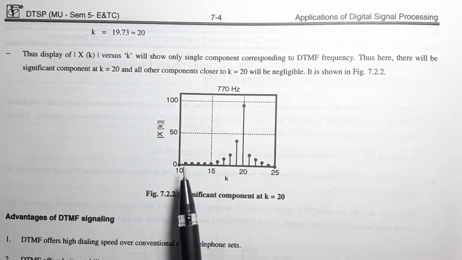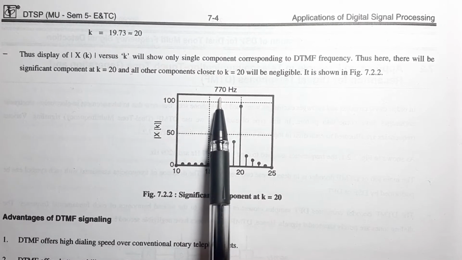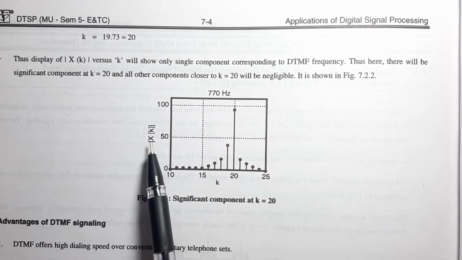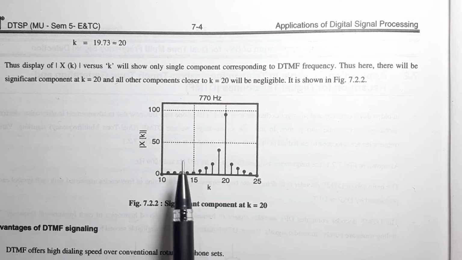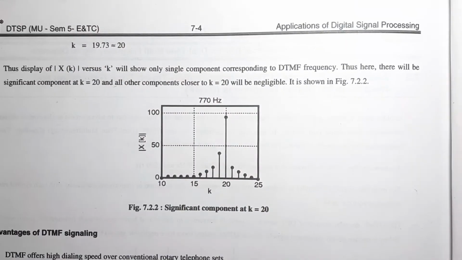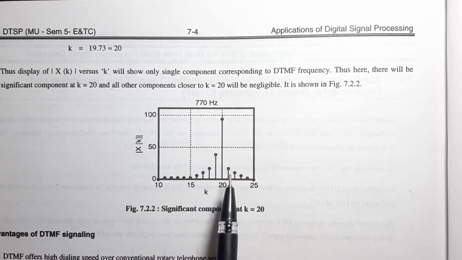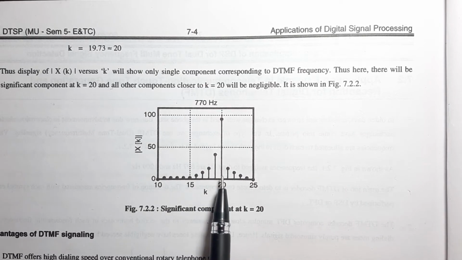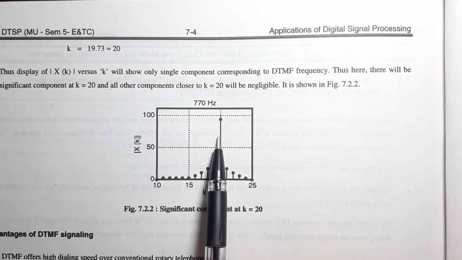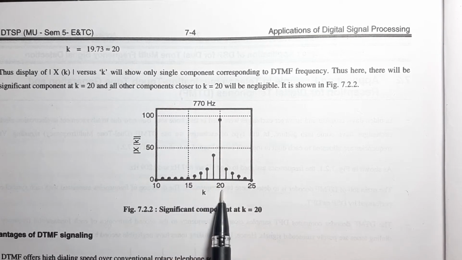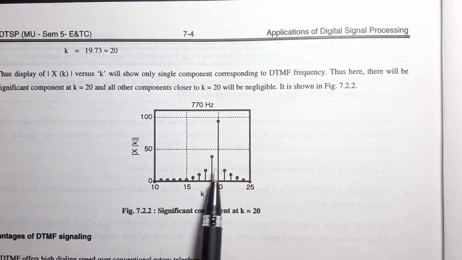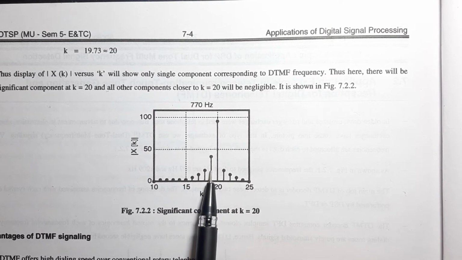If we are plotting the mod of X of k, that is the Fourier transform of your normal signal, and k is the coefficient, where k ranges from 0 to N minus 1, then when it is around 20, it will have the maximum amplitude spectrum. Hence, there will be a significant component at k equals 20, and all the other components closer to 20 will be negligible. As you can see, they have very little amplitude.